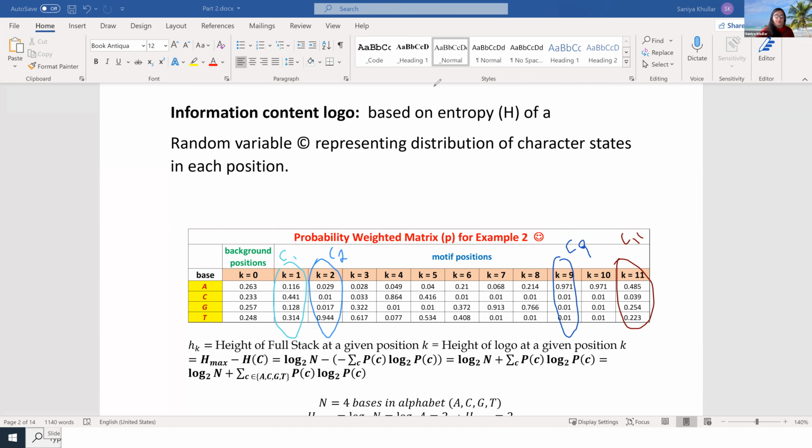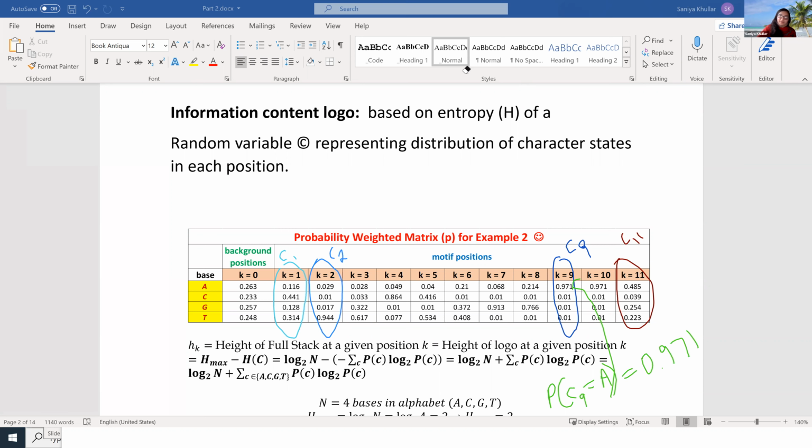So that's how the different positions work, and these are the probabilities. This value right here is the probability that C9 equals A is equal to 0.971. So those are the probability values.